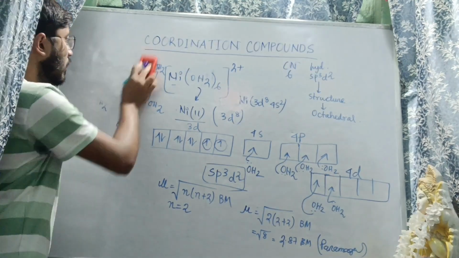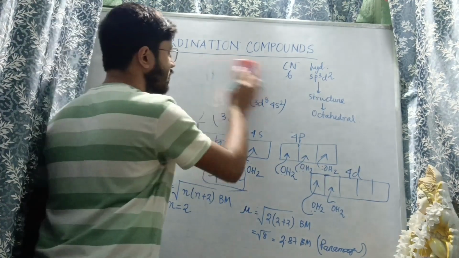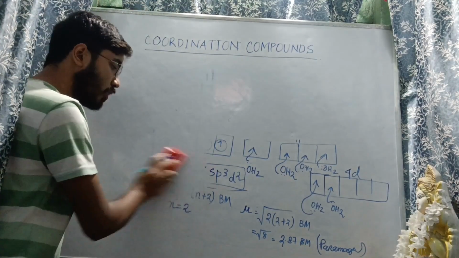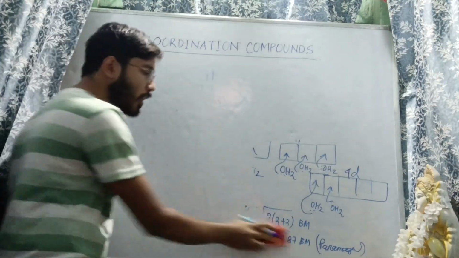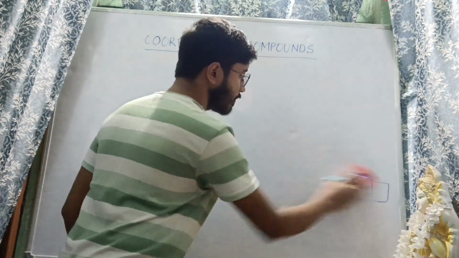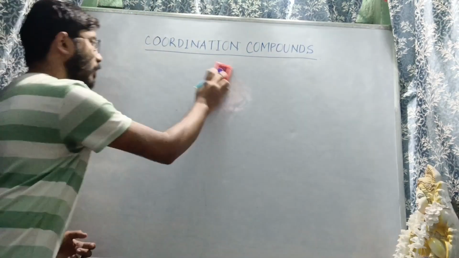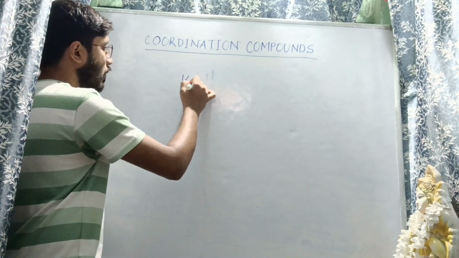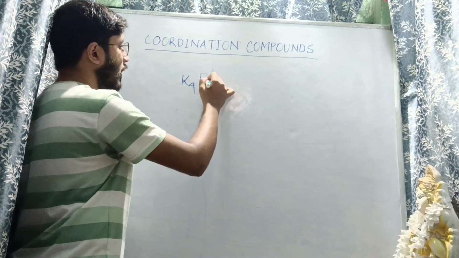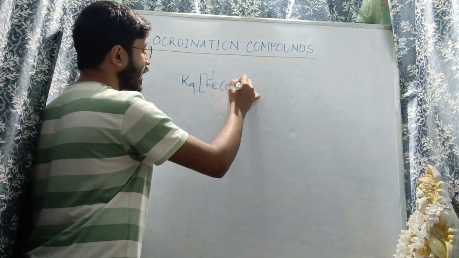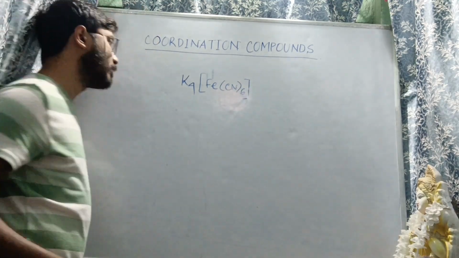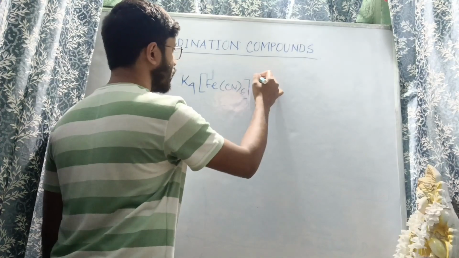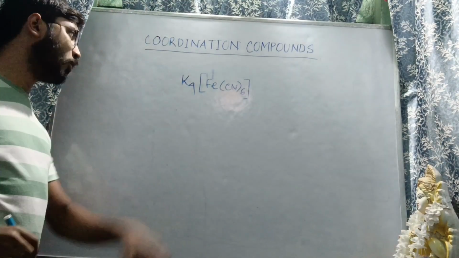Okay. Then we discuss another example of octahedral complex in presence of strong ligand. So K4[Fe(CN)6].